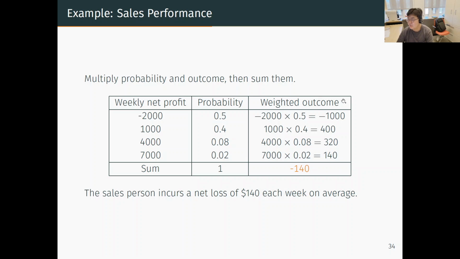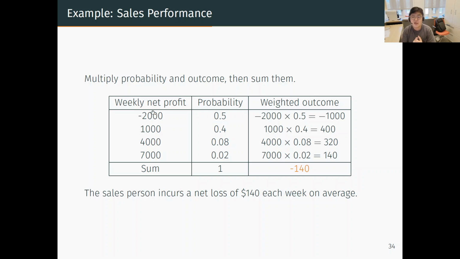And sum these numbers, you get minus 140, right? That means this salesperson actually incurs a net loss of $140 each week on average to you, right? In some weeks she's making positive profit, but 50% of the time she's making minus 2,000, right?